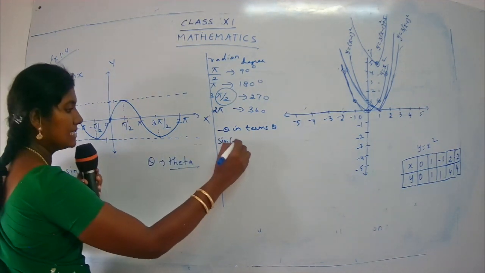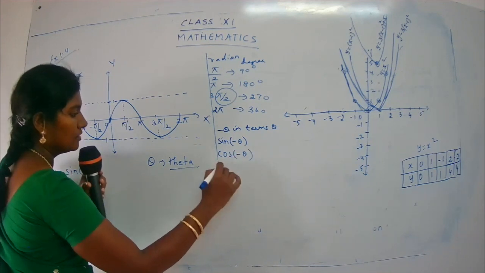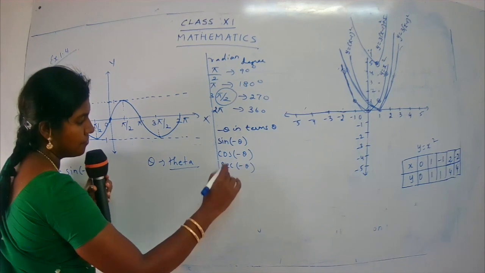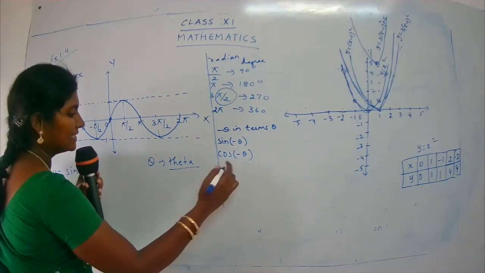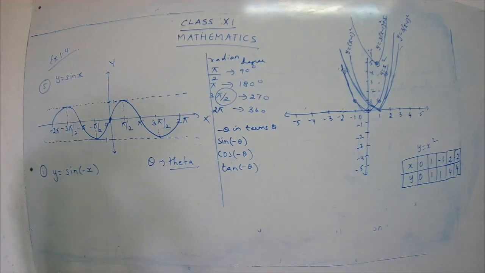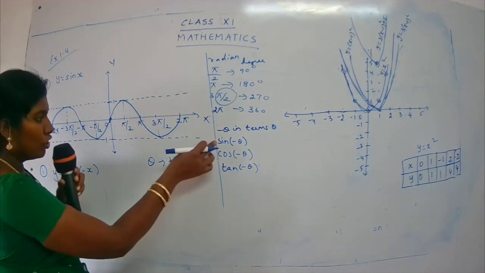So write down here sine minus theta, cos minus theta, then tan minus theta, then cosec.